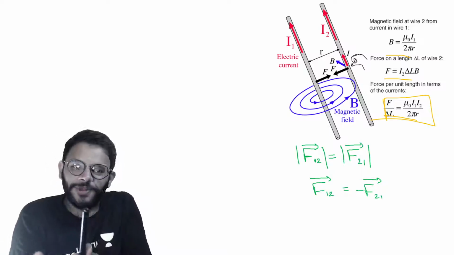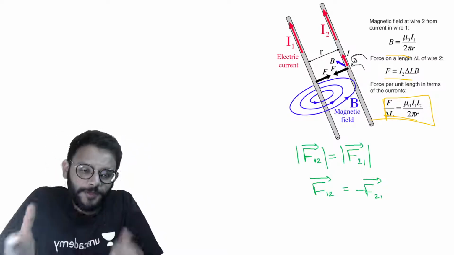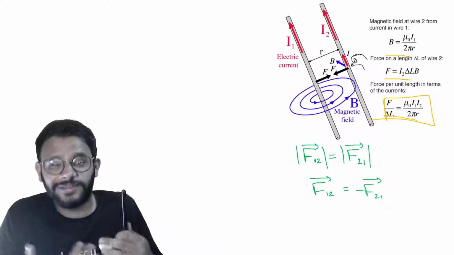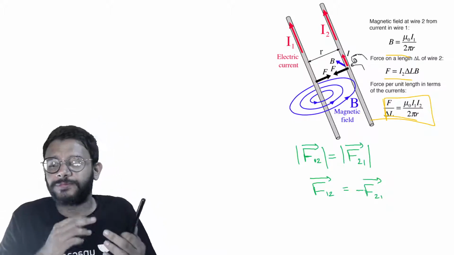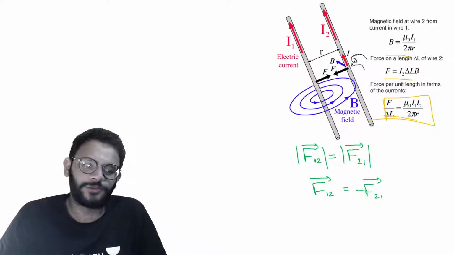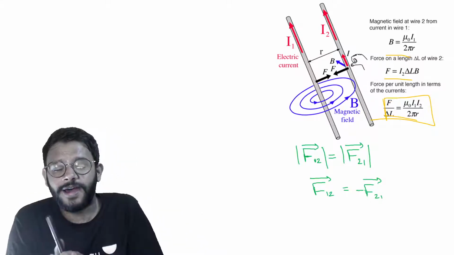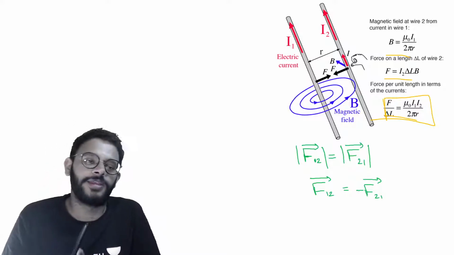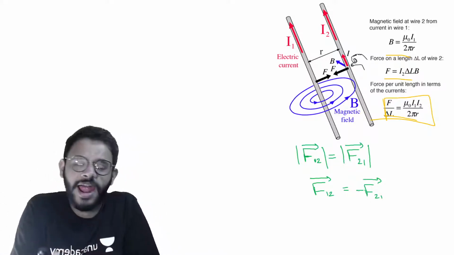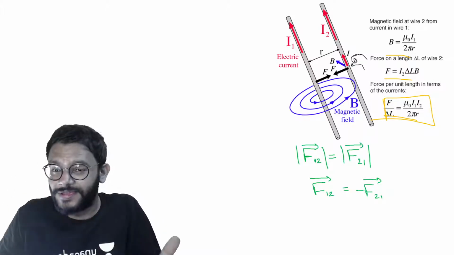I've discussed this with you in one of my lectures of moving charges and magnetism, where I discussed forces. Forces, as Newton had told us, always act in pairs, and they are equal and opposite in direction and also on different bodies.